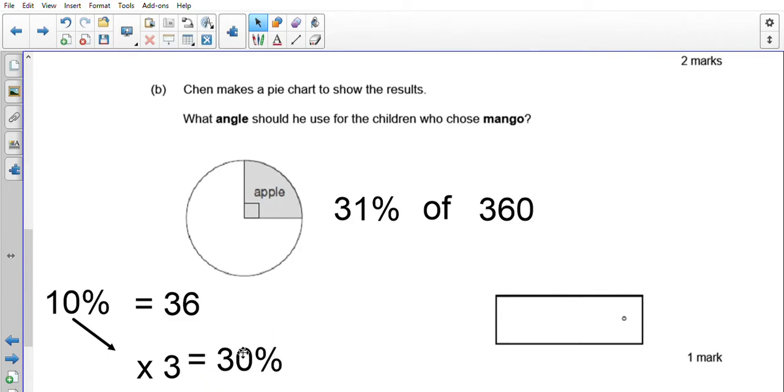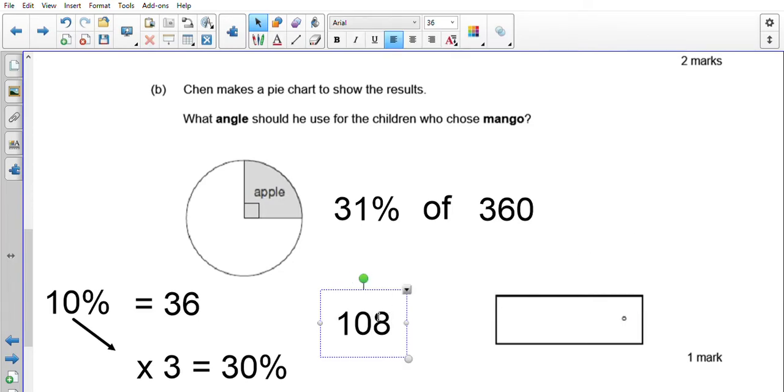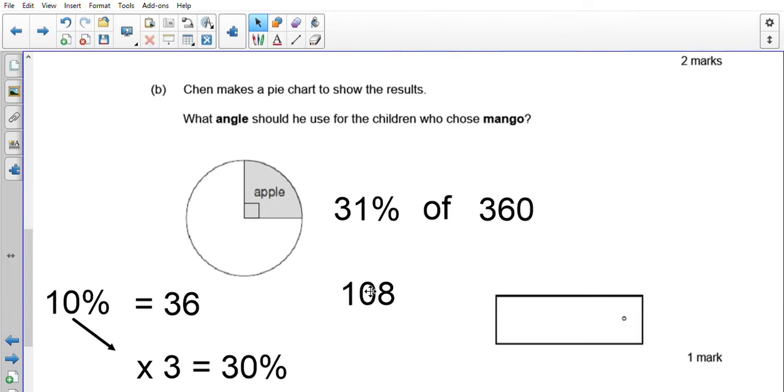Makes sense? Okay, so that means that 36 times 3 is going to give me 30%. Now 36 times 3, you would use a method for doing that, or you'd use your mental skills, is 108, so that's 108 degrees. However, that gives me 30%. I don't want 30%, I want 31%.